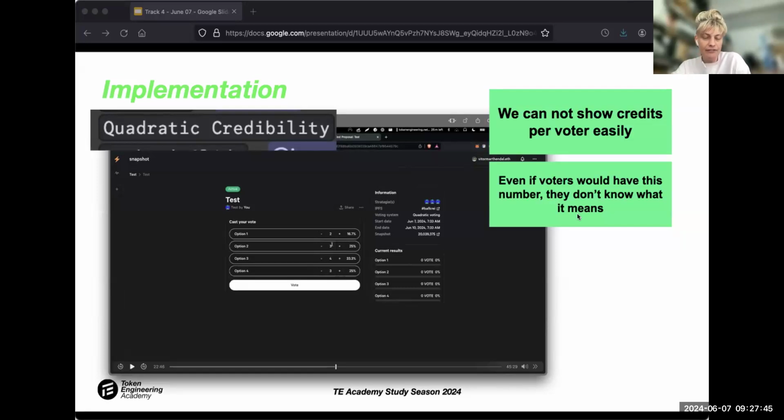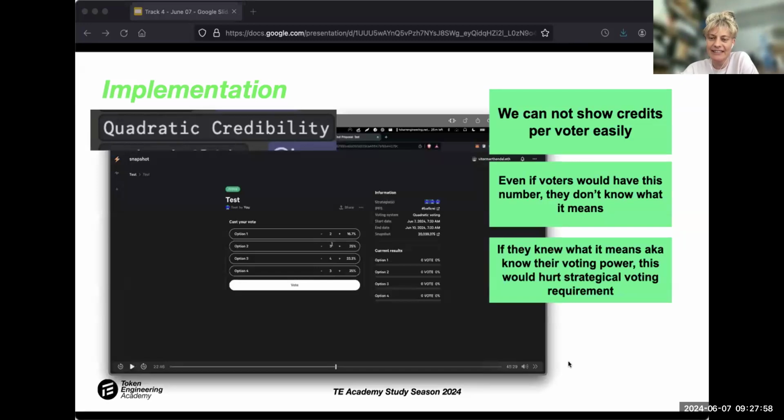This number alone wouldn't mean anything to the voter, right? Because they can't put it in context. Now, if we would put it in context, you have 10,000 of in total 40,000 credits, then this information would be meaningful. But then we might run into other issues when it comes to strategic voting.